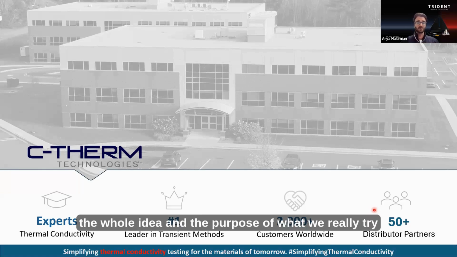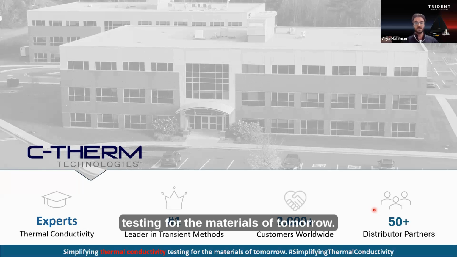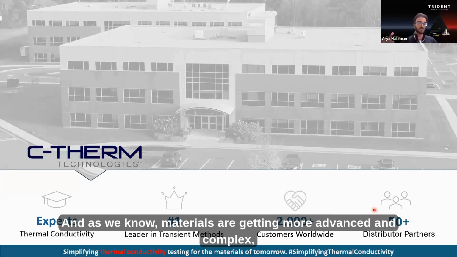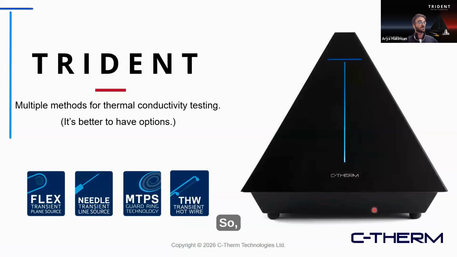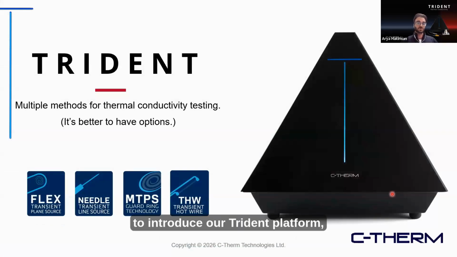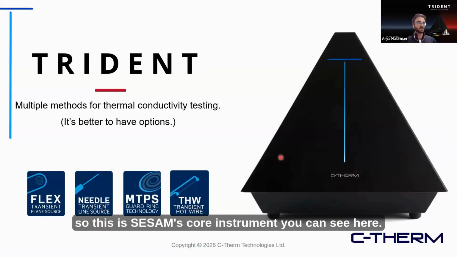The whole idea and purpose of what we advocate for is simplifying thermal conductivity testing for the materials of tomorrow. As we know, materials are getting more advanced and complex, but we need good thermal conductivity data to support those development efforts.